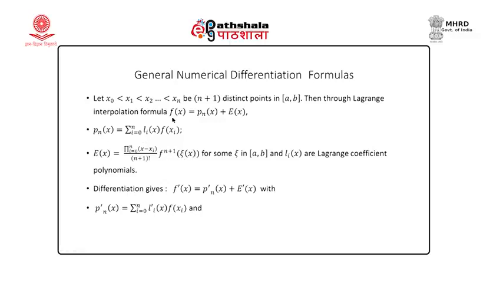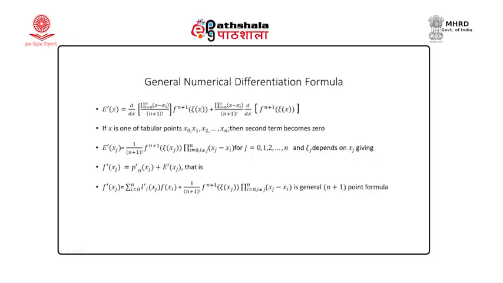If we differentiate f x equal to p n x plus E x with respect to x, we get the equation f dash x is p n dash x plus E dash x. Differentiating, p n dash x is a sum, and the derivative of a sum is the sum of the derivatives; f x i are constants. So, it is summation of the derivative of L i x, so L i dash x into f x i. Now, let us look at the derivative E dash.